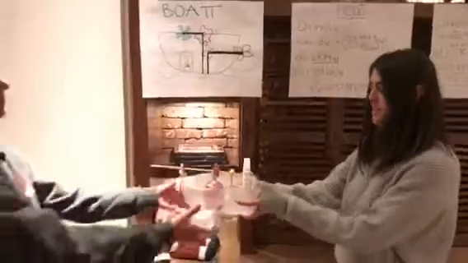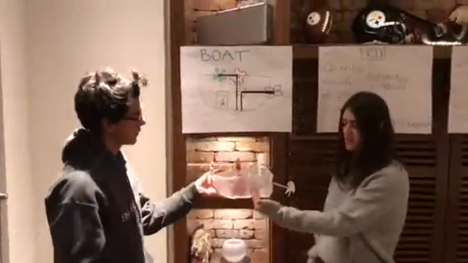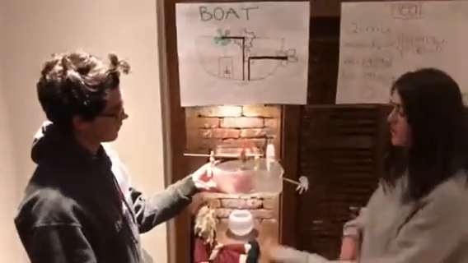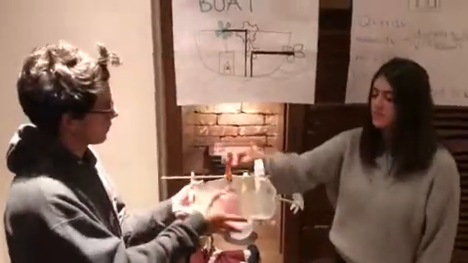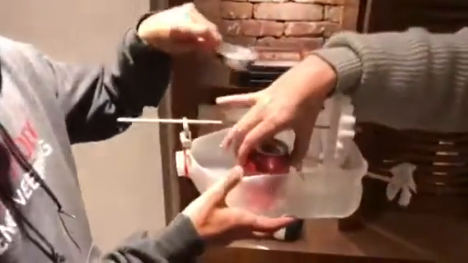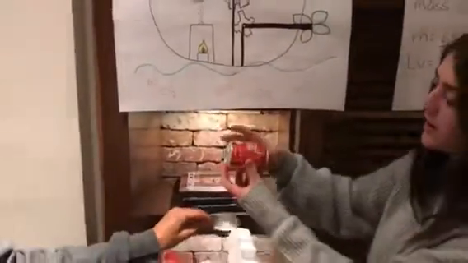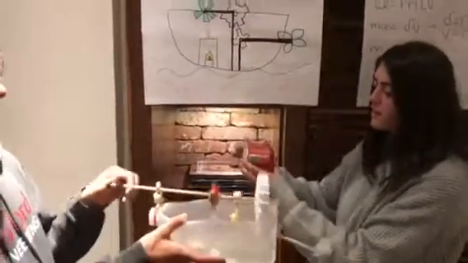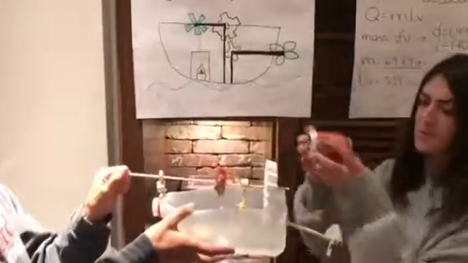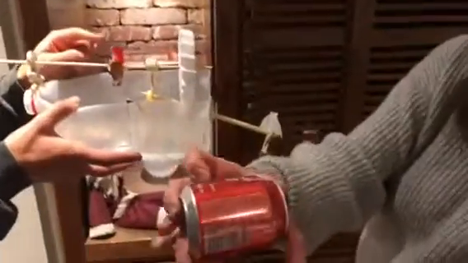So what we did was to create a boat. The base was made from a gallon of milk. Then we had our source, which was the alcohol. The alcohol then heated this can, which is filled with water, and when it was heated, the steam that it produced came out from this little hole, and that moved this windmill.